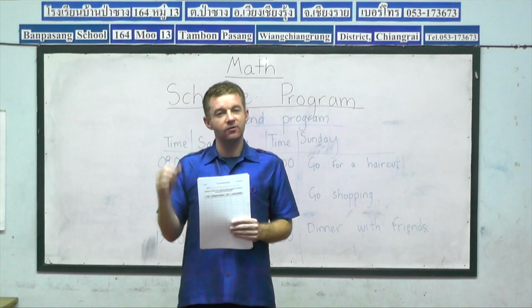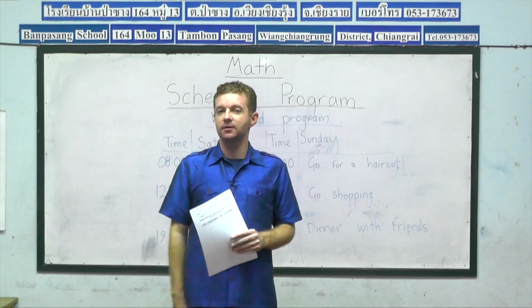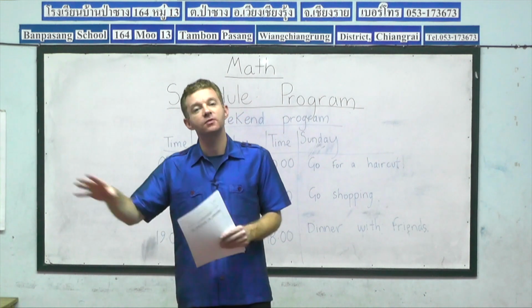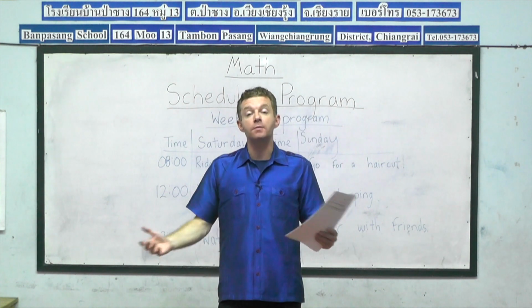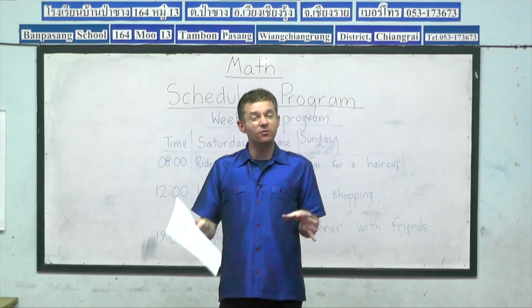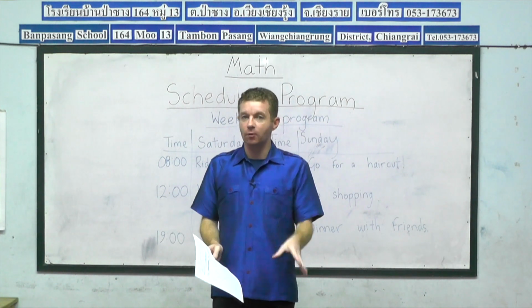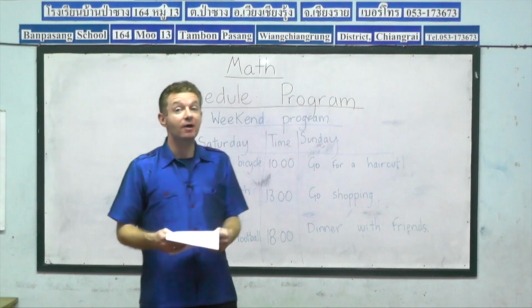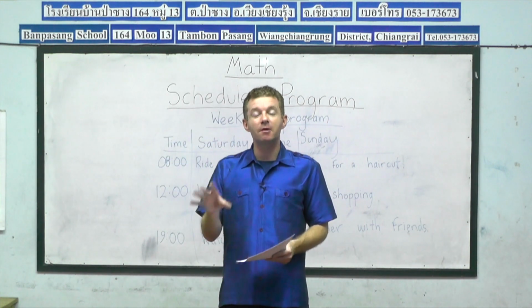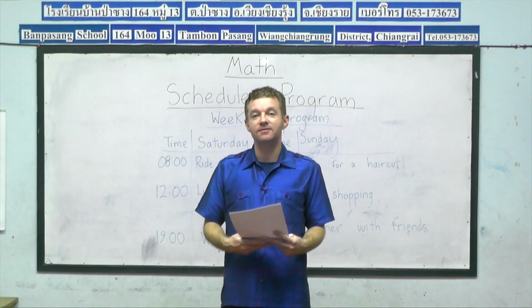So now we're encouraging our students to think independently. Think about what they're going to do this coming weekend. And then they can write the times and the activities on the correct dates that they will do them. And that's what we mean by program. So if our students need any help with spelling or vocabulary, you can help them by writing on the board and give them around 15 minutes to complete this activity too.